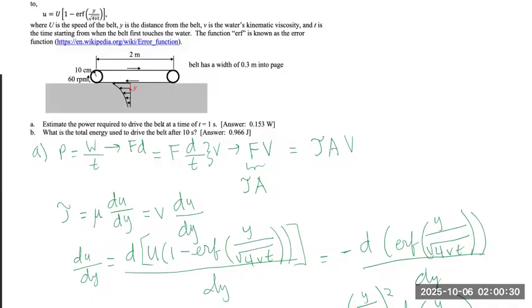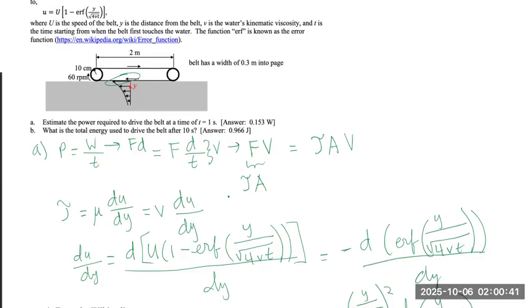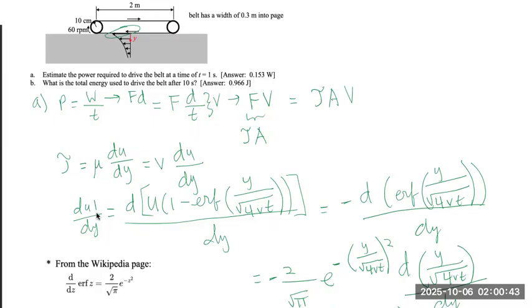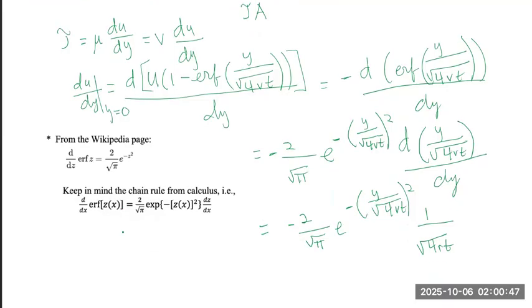The shear force is going to be at y equals 0, because that is the shear force in contact with the belt. So we evaluate this at y equals 0.